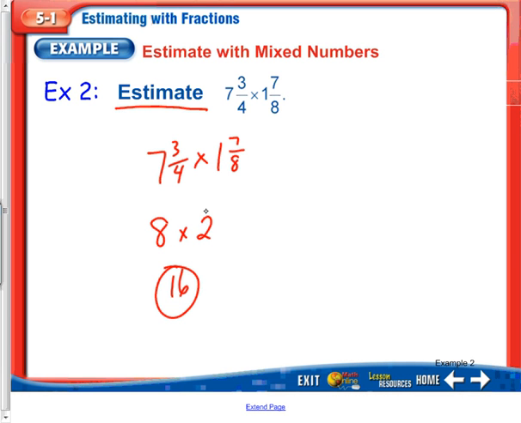So we rounded up twice. We should know that the real answer is going to be less than 16. So that's something I want you to keep in mind also, which way are you rounding? If you round both up, your answer should be down. If you round both down, your answer should be up. And if you round one up and one down, you should be pretty close to your exact answer.